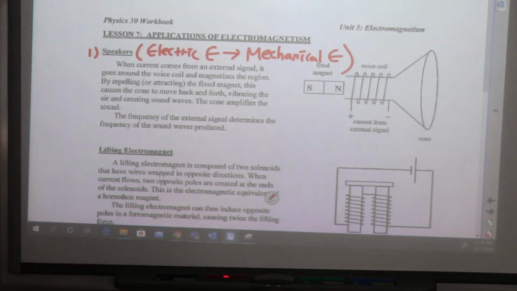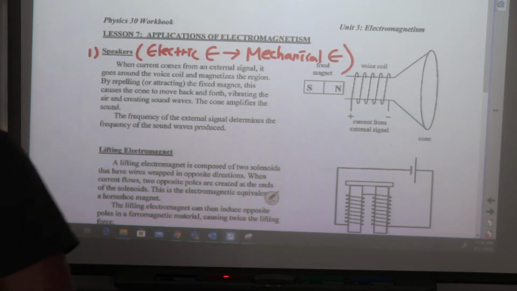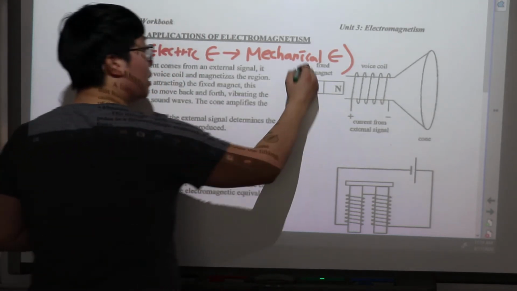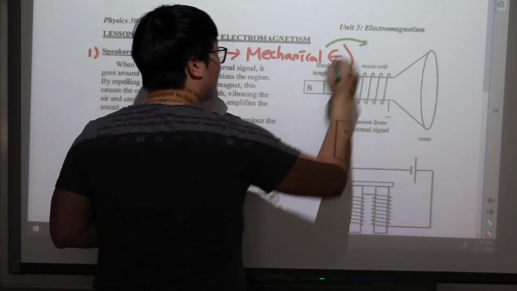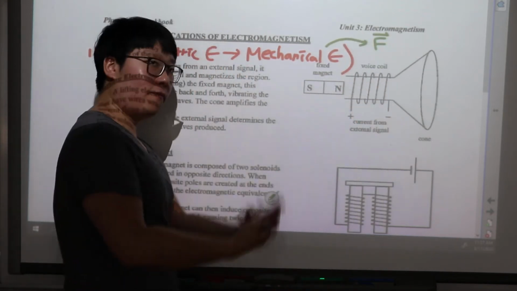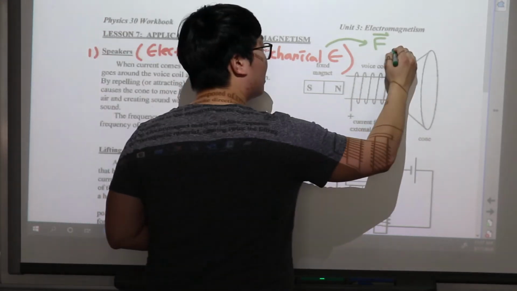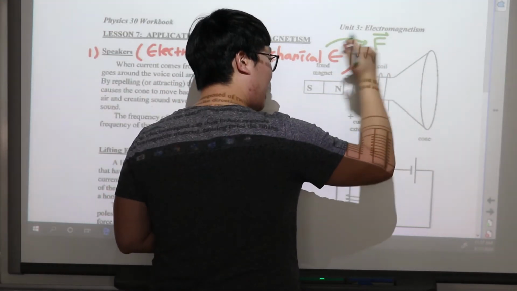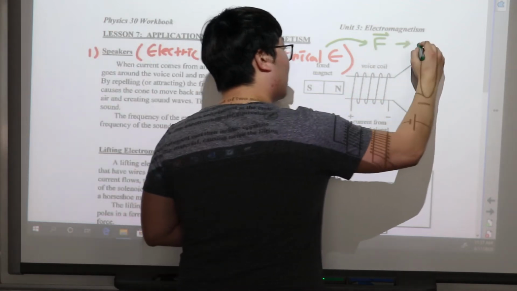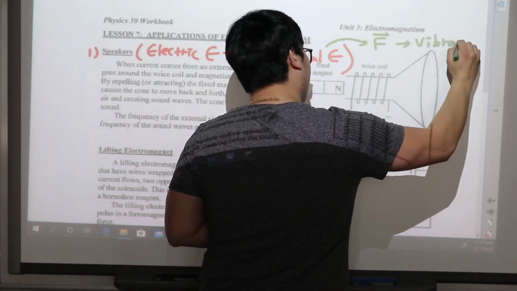And mechanical energy will basically make you use the concept of force. Why is force involved? Because we have a velocity and acceleration because of that. Basically what this force does is, it's going to vibrate.